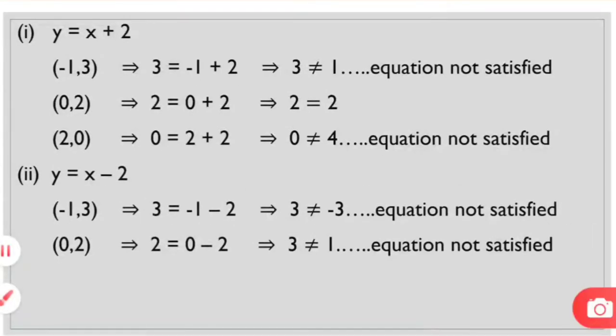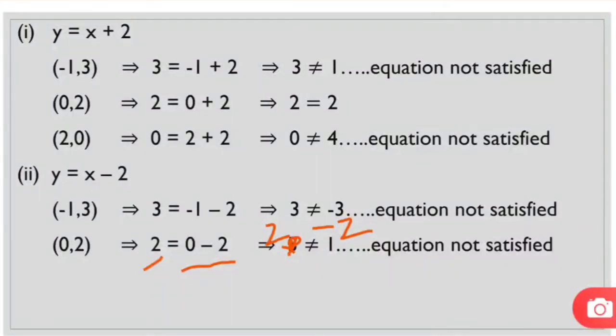We insert the value of y as 2, x is 0, and 0 minus 2 will come minus 2, which is not equal to 2. So equation is not satisfied by this pair also.